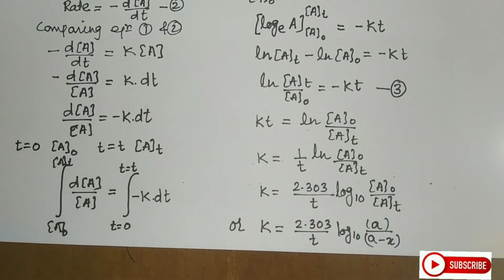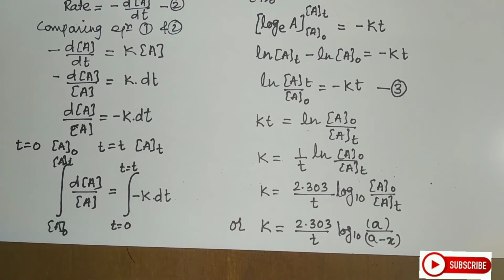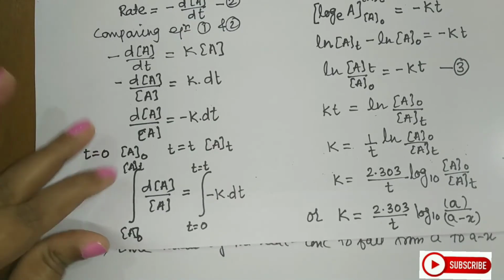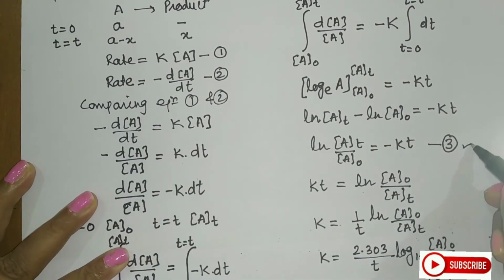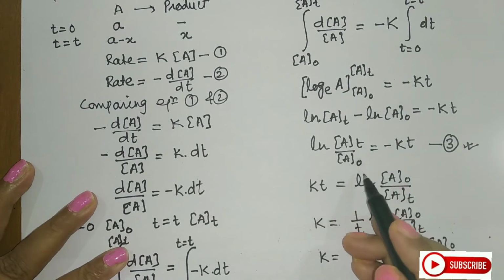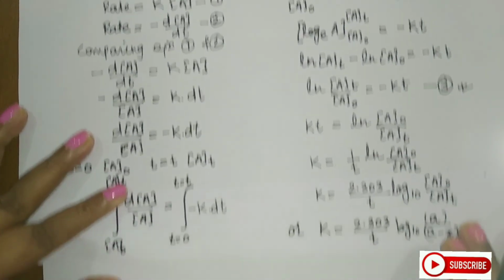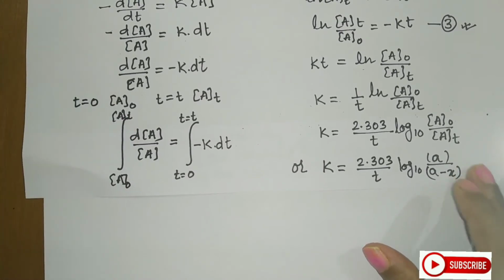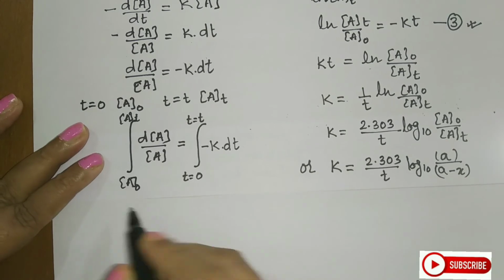Now students, if the same derivation is asked to be expressed in the exponential form, then how will you proceed for this? You have to start from the beginning and come up to this equation, that is ln At by A0 is equal to minus kt. And after this, how will you proceed for this derivation? So let us rearrange this equation. I am writing here.